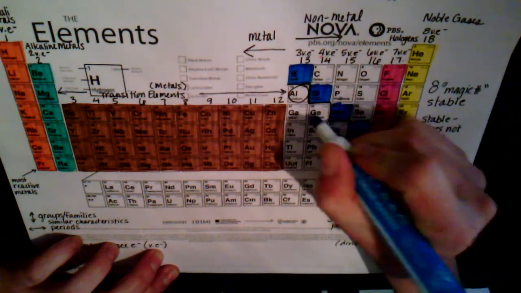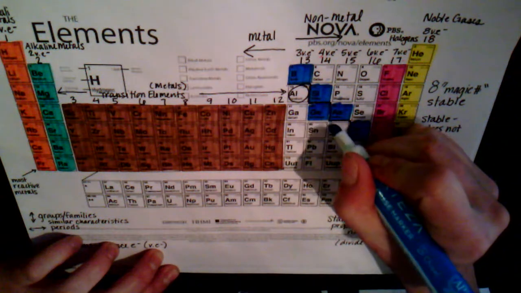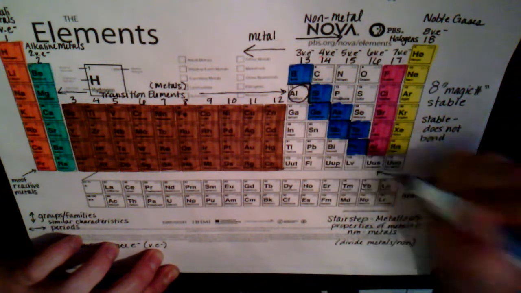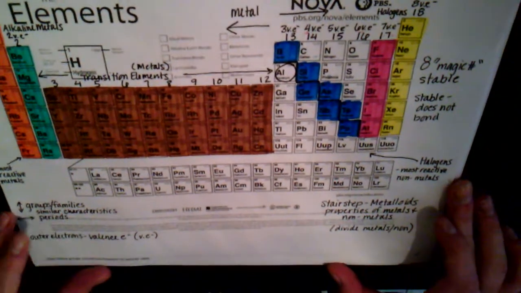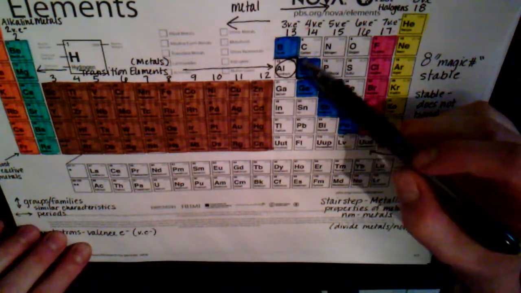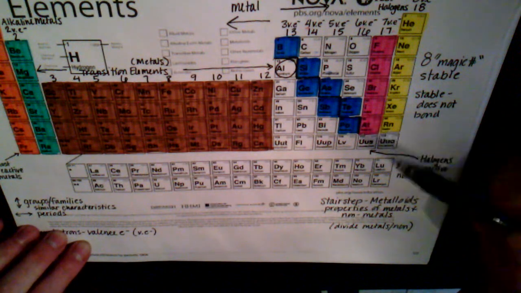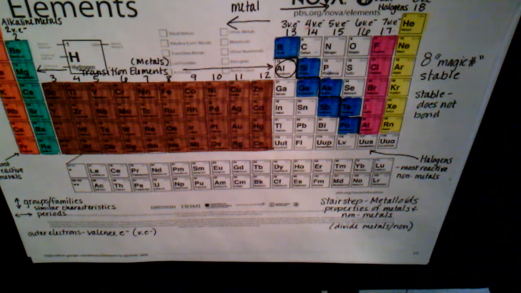So when you look at it, you're just kind of looking at trends and you can visualize it better. Okay. So along the stair steps, those elements that are touching it, except for aluminum and astatine, we're not going to include that one either. But all of those are metalloids. So those are dividing your metals from your nonmetals.